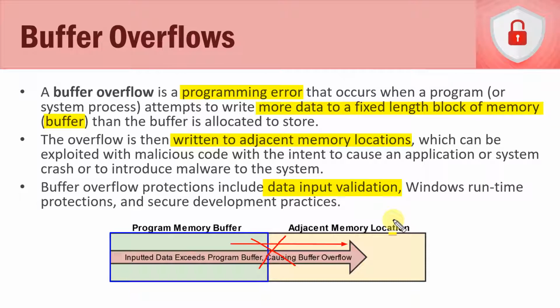That's data input validation. That prevents the user from providing us more or the wrong type of data than we're expecting. And if they try to do that, it's not going to accept it. So that's the first line of defense. Once we get past the data input validation, Windows has application runtime protections as well that are going to try to detect a buffer overflow and protect our operating system and application from that.